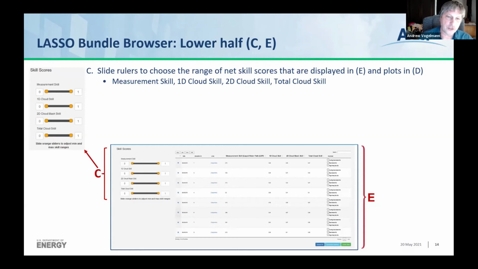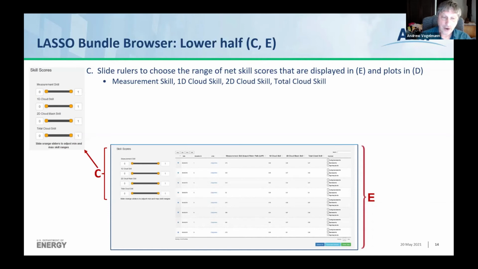Those were the ones that I described earlier. The nice thing is that you can use the slider to move it to higher values, and the table will automatically update to only show those values that meet that criteria.